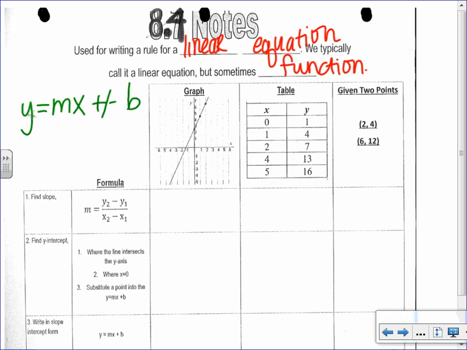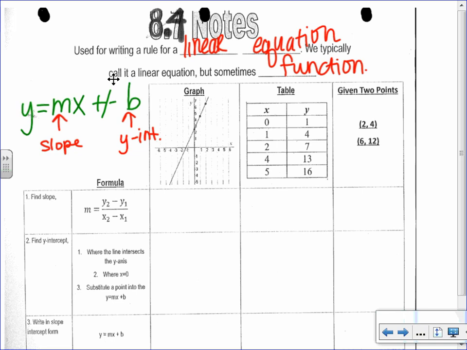B represents y-intercept. I don't know why, but this is slope. This is y-intercept. And y-intercept is just where the graph starts, or at least gives you a starting point. So M is slope, B is y-intercept.